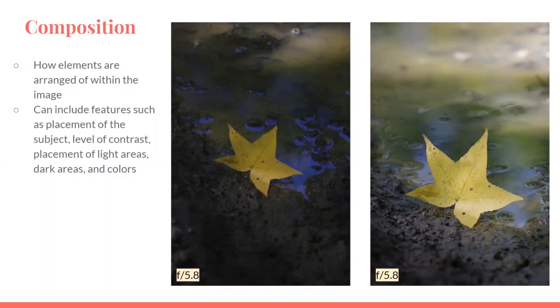They have the same aperture, so it's not a matter of the depth of field being different. It's a matter of the composition and the angle at which the leaf was photographed. So yeah, that's just an example of how composition can really change the way a photograph looks.